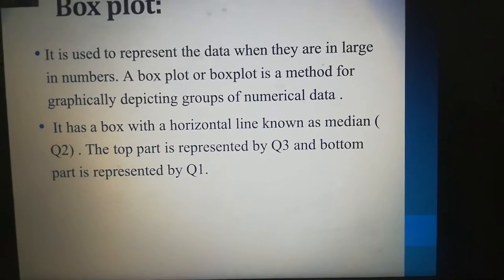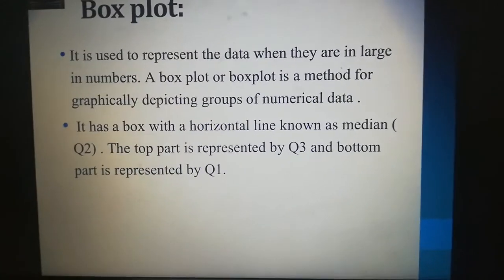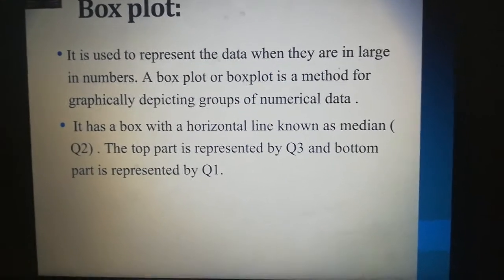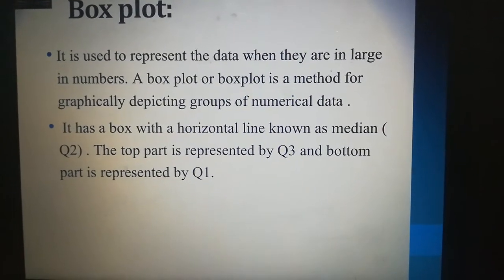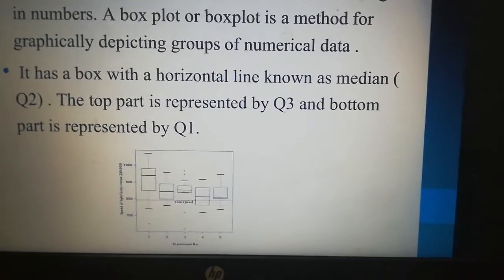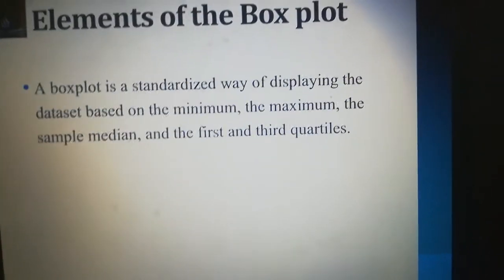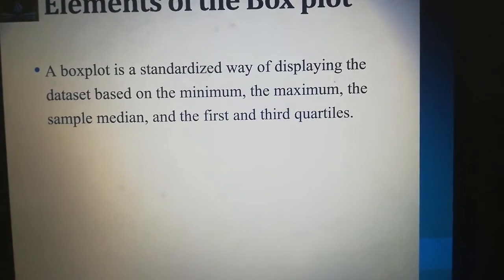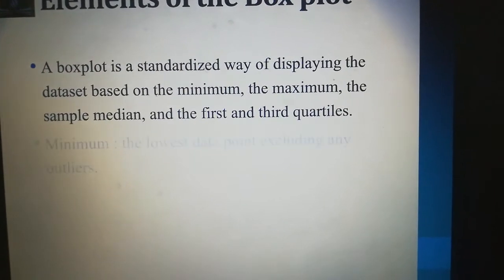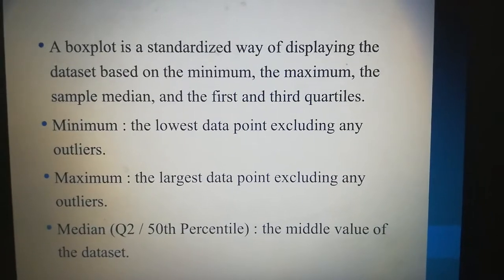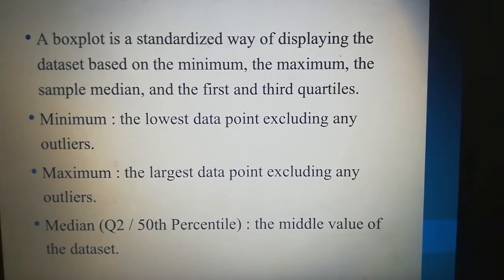Here first we see the horizontal line with the median, and the top part will be Q3 or the third quartile, and the lower part will be Q1, and it will look like a box. It is a standard way of displaying the data: the minimum is the lowest part in the outline, the maximum is the largest, and the middle one will be Q2 or the 50th percentile.